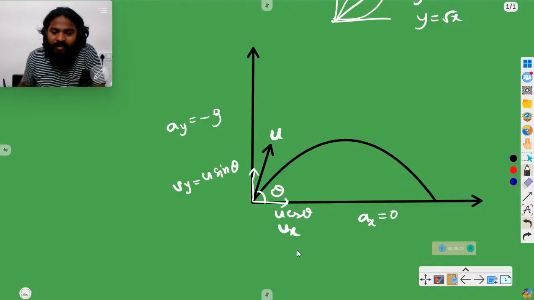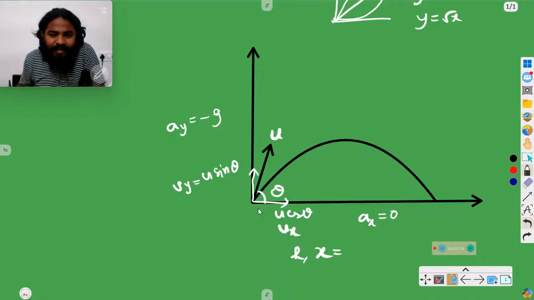So now the range, let us take the distance x, the distance traveled along the x-axis, is equal to horizontal speed into time taken, right?